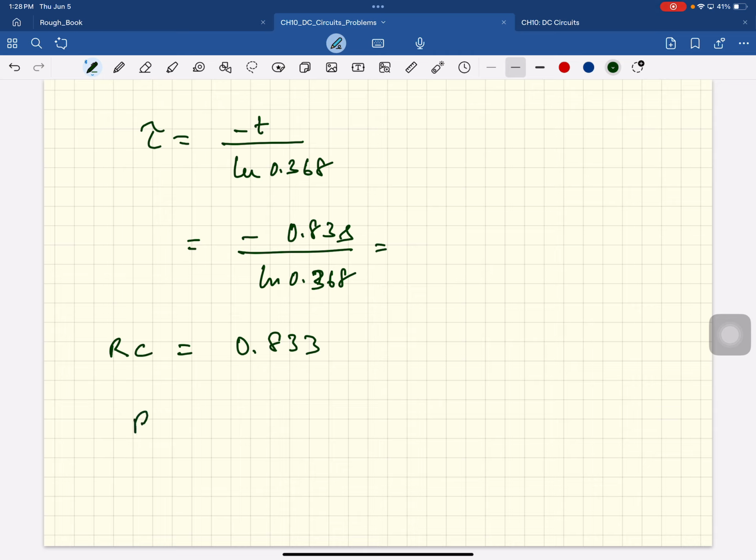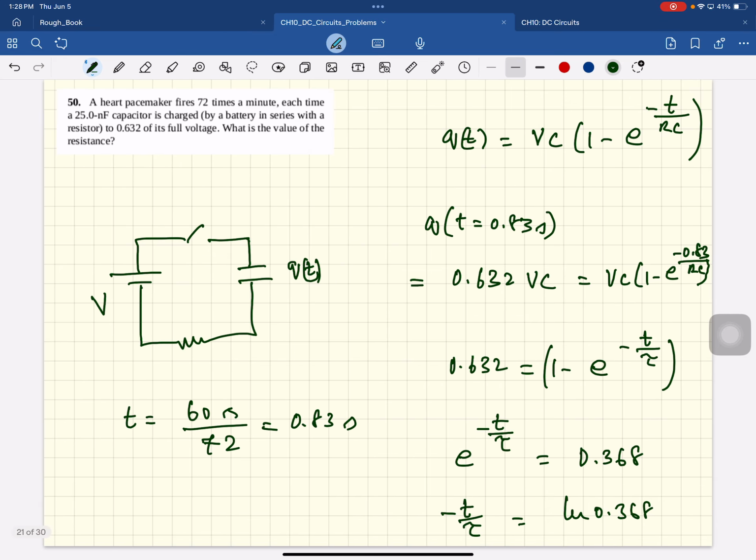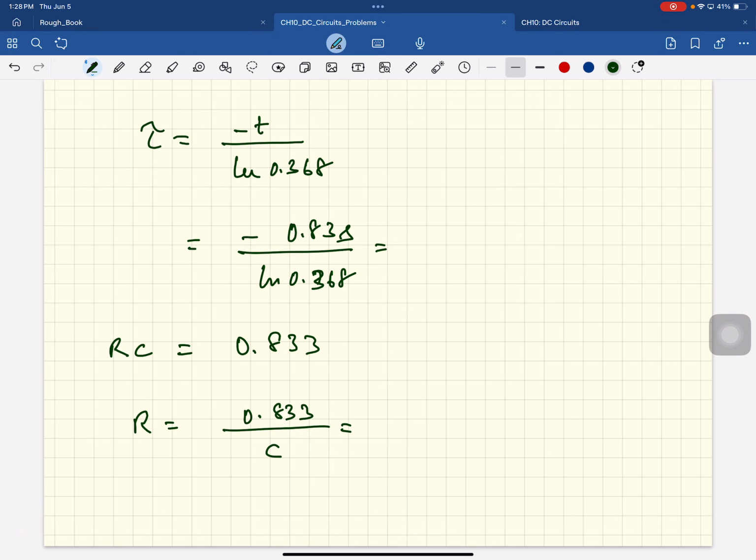So R is 0.833 divided by C, and C is 25 nanofarads.